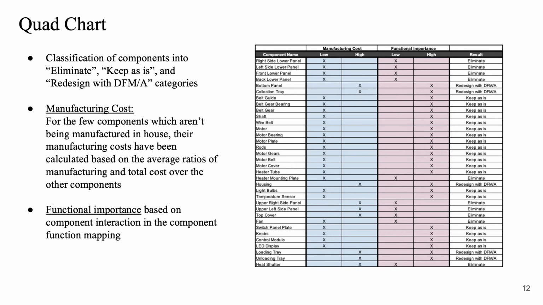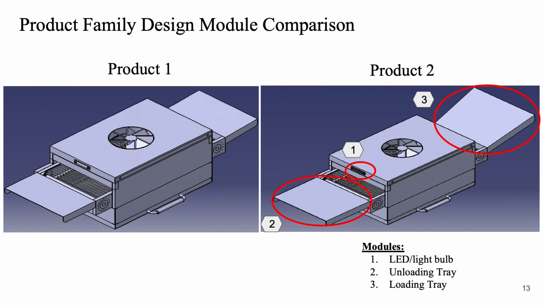Based on the assessment of components into manufacturing and functional importance and elaborating on the results from the quad chart, components like the lower panels, heater mounting plate, side panels, top cover, fan and heat shutter would be eliminated. Parts like the bottom panel, collection tray, housing, loading tray and unloading tray would be redesigned with design for manufacturing and assembly, and the rest of the components would remain the same.